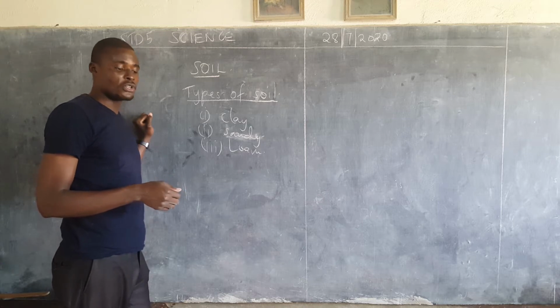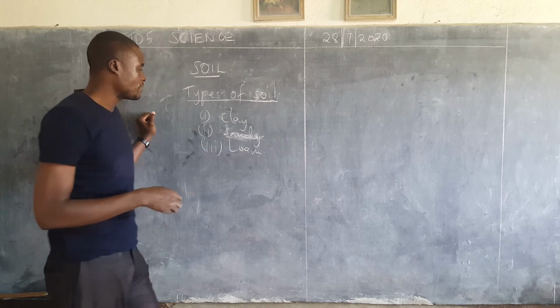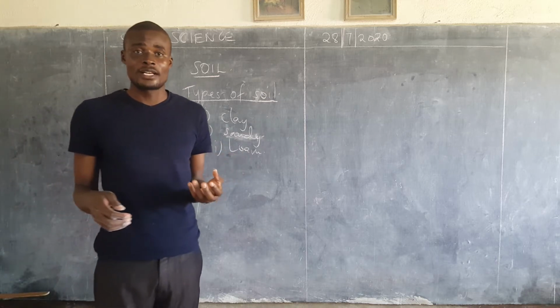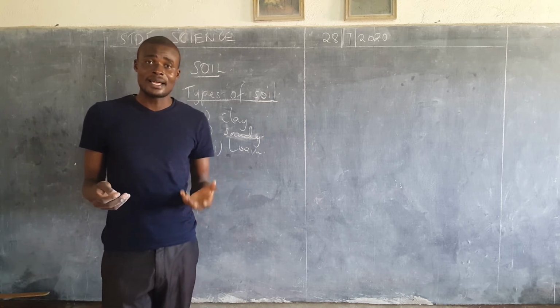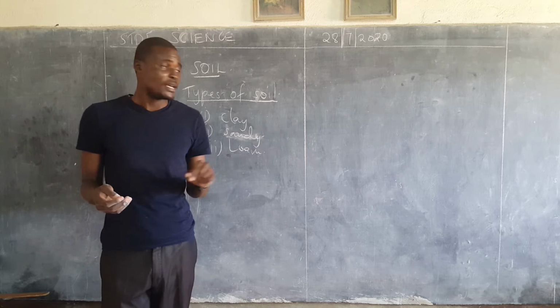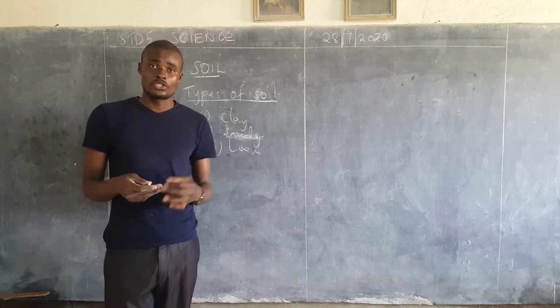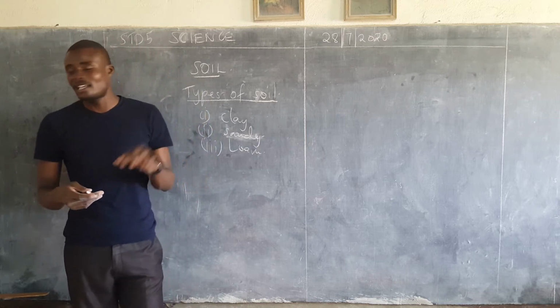Another thing about the same soil is that some animals live in the soil. You remember earthworms, ants, termites, and so on. They live in the soil. And then we also plant most of our plants. Plants grow on the soil. So those are the major uses of soil that we are going to look at at this level.